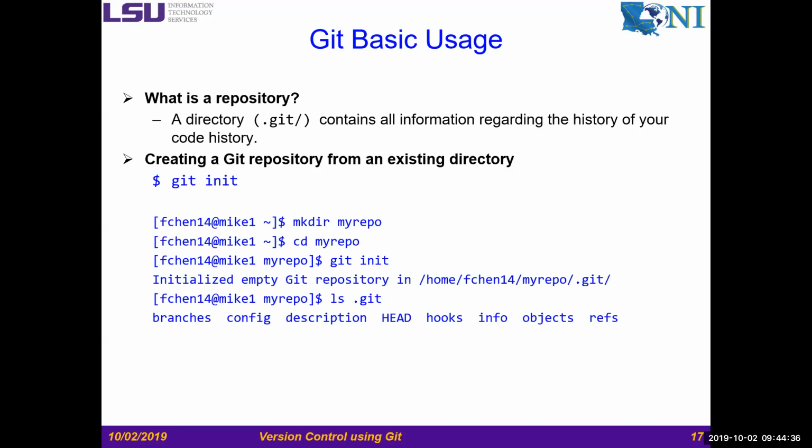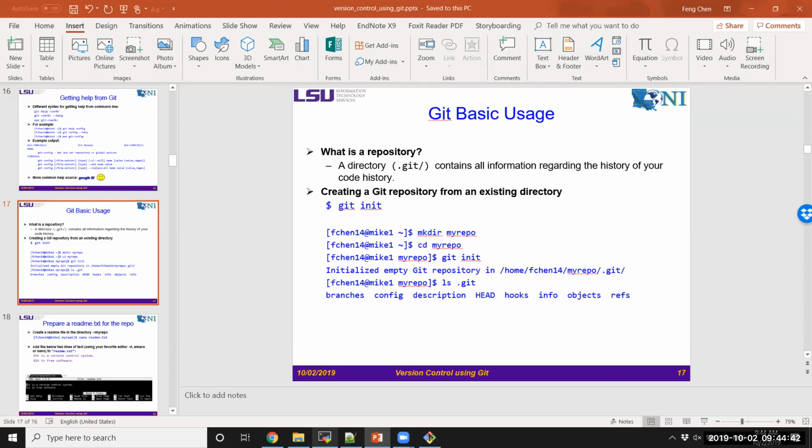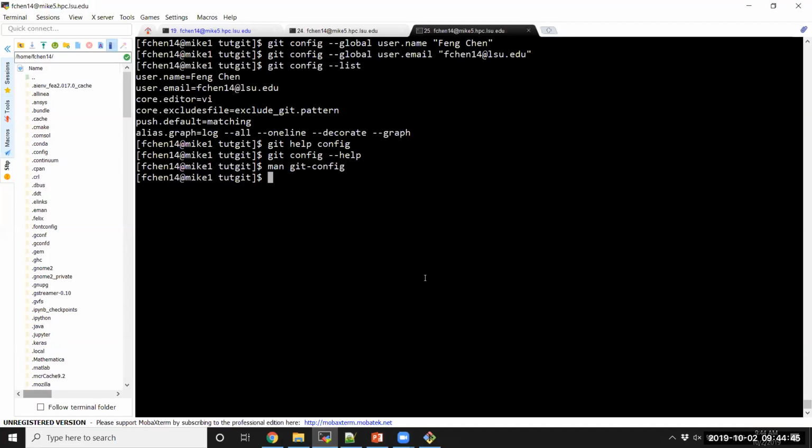And you will see it. So let's go back to the terminal, and I'm going to try to create my first repository. I'm currently working in this folder, and you can work in whatever folder you want to start with. I want to create my repository with the name my repo. I'm going to first create a folder called my repo, my repository, and I'm going to cd into that directory.